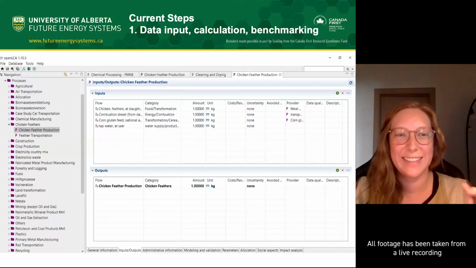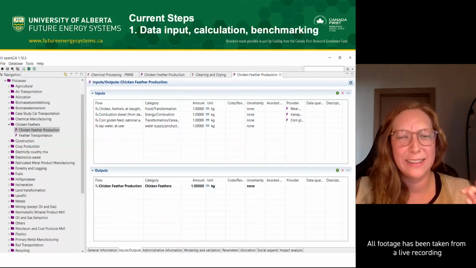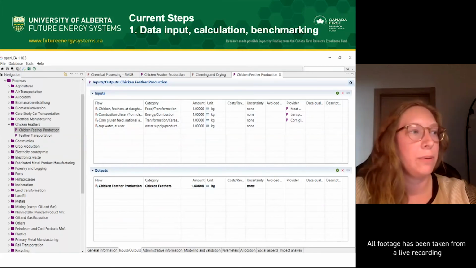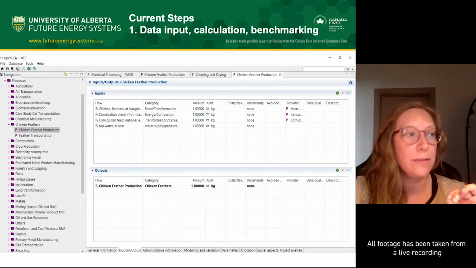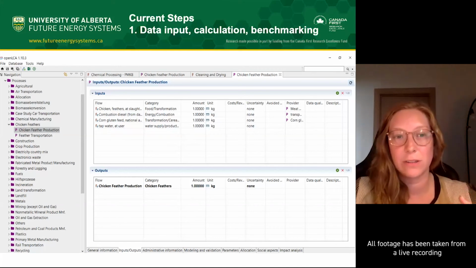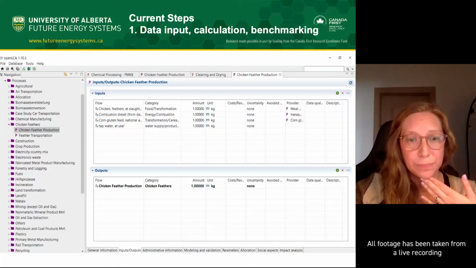So how we do that is this is called OpenLCA analysis software. And you can see here we have lots of inputs like the actual chicken feathers themselves, tap water, for example, and then you have the outputs, which include the chicken feathers, or for some of the other steps you would have, like I mentioned before, heat or carbon emissions.